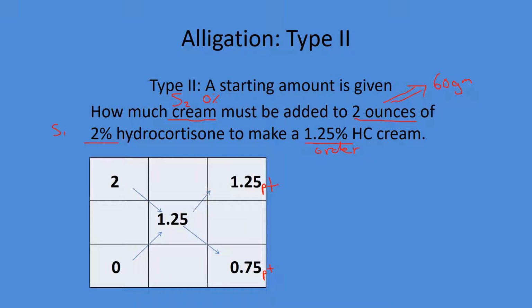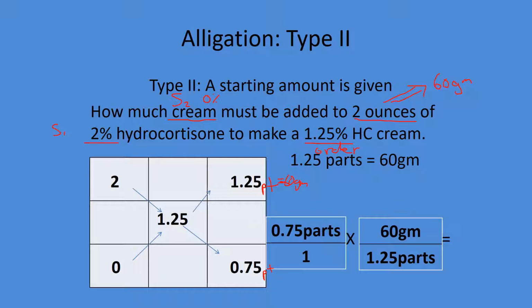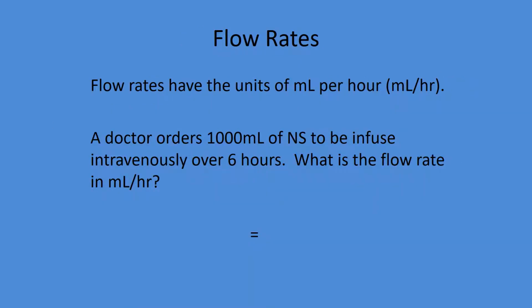So it's going to go 2 ounces of the 2%. So it's going to go here. That's going to equal 60 grams. So now all we have to do is solve for 0.75 parts with our conversion factor that we just figured out. And we'll need to add in 36 grams.